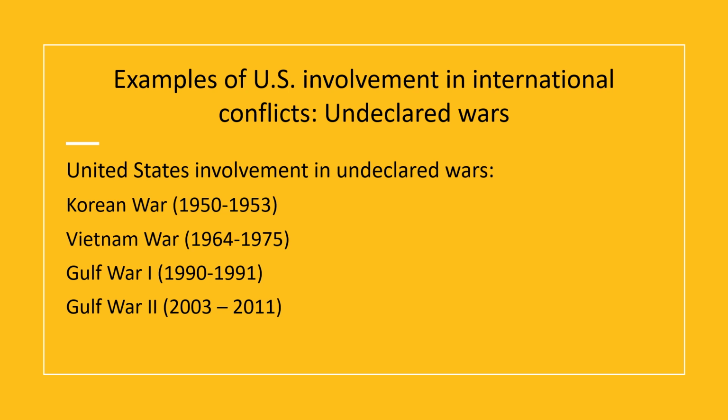The Gulf War, number one, was from 1990 to 1991, fought in the Persian Gulf area with a focus and concern on protecting U.S. oil interests, and Gulf War II similarly focused on protecting the United States against additional terrorism and other concerns that were occurring in the Gulf War as well.